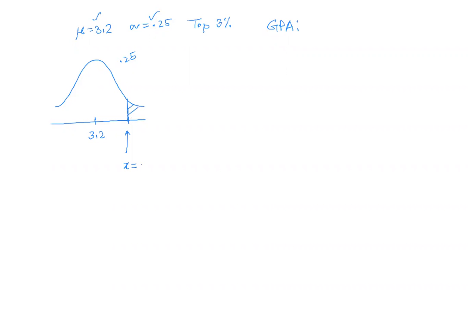So that means this area, is it 3%? Yeah, top 3%, 0.03 or 3%, this area. You want such an X value, that means such a GPA, so that above that, a student will be considered among the top 3%. And if a student has that GPA or above, then he or she will be eligible for the scholarship. That means the person could apply for it. Mean 0, standard deviation 1, top 3% here.